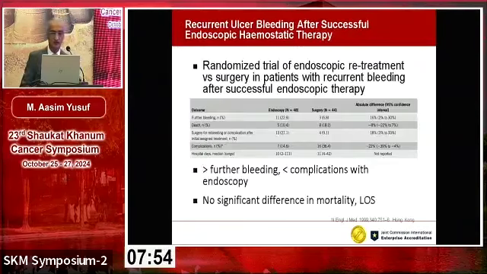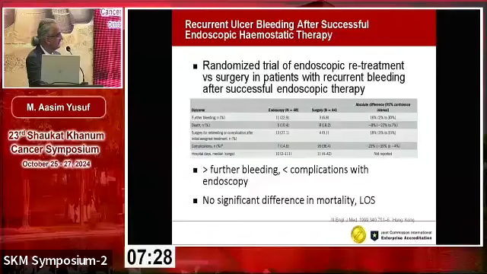Once again, the group from Hong Kong in 1999 did a randomized trial of endoscopic retreatment versus surgery in patients with recurrent bleeding. So we've controlled the bleeding initially, and then they recur. They have a further bleed. In this trial, they looked at a number of parameters: further bleeding, death, the need for surgery for rebleeding, complications of the endoscopic procedure, and the length of stay.